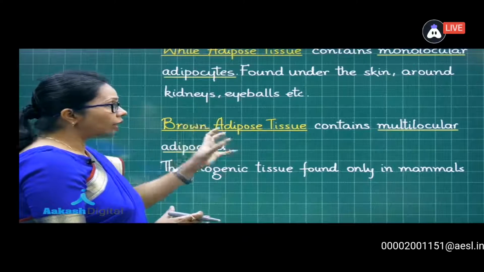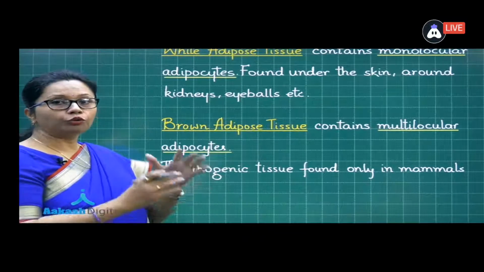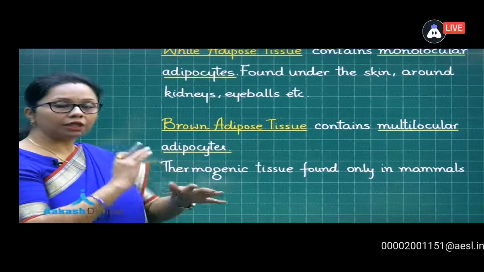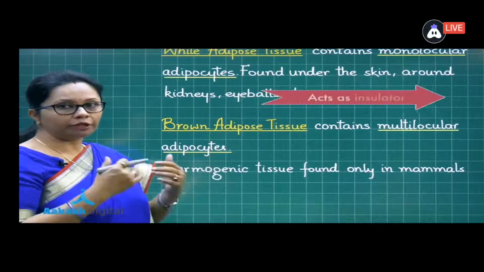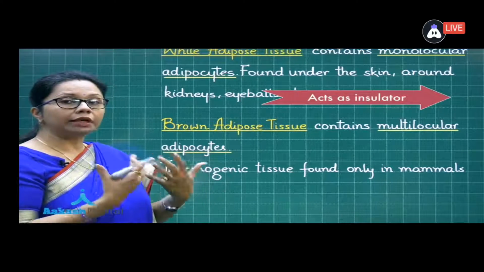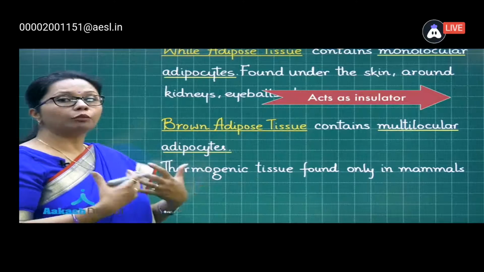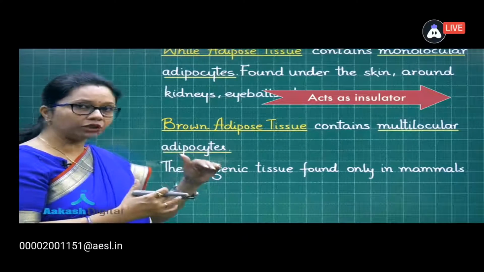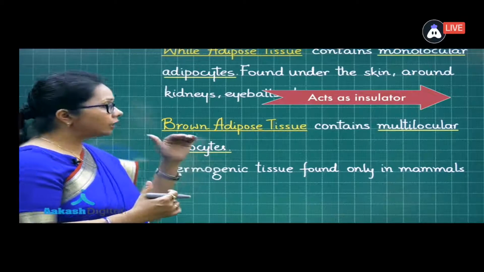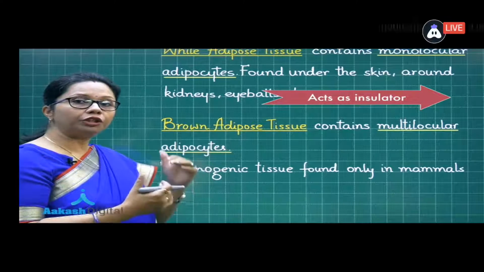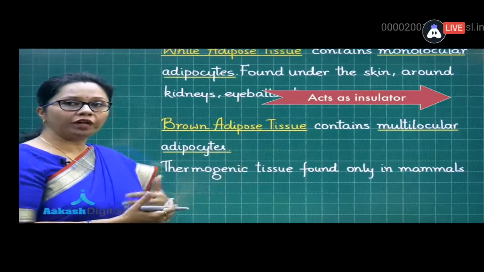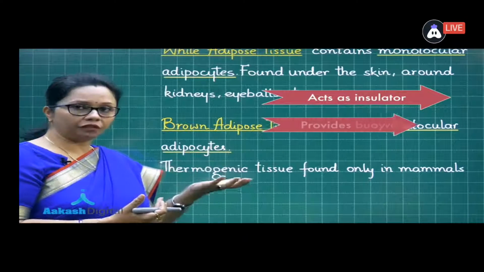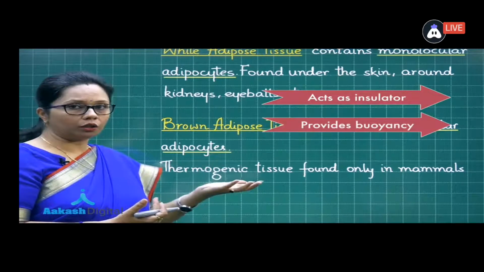Now what is the basic function of adipose tissue? It is present under the skin as an insulator. Since mammals are warm blooded animals, the body heat generated is not lost to the surroundings because of this fatty layer. In whales, it forms the blubber and provides buoyancy as well, fat being lighter than water.